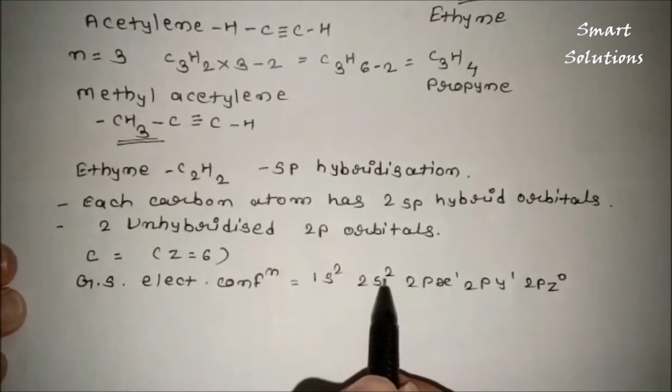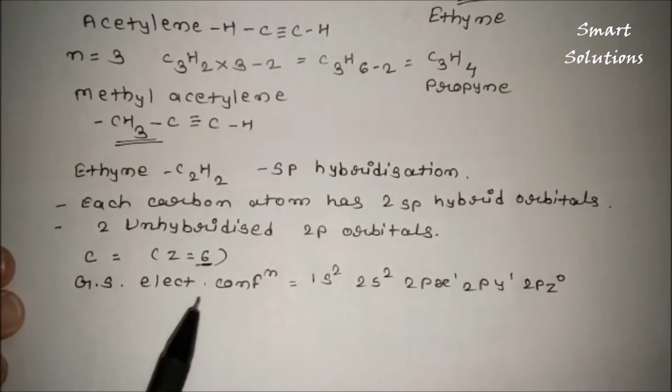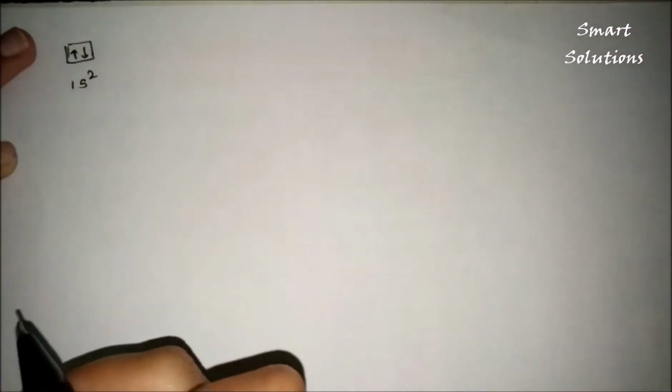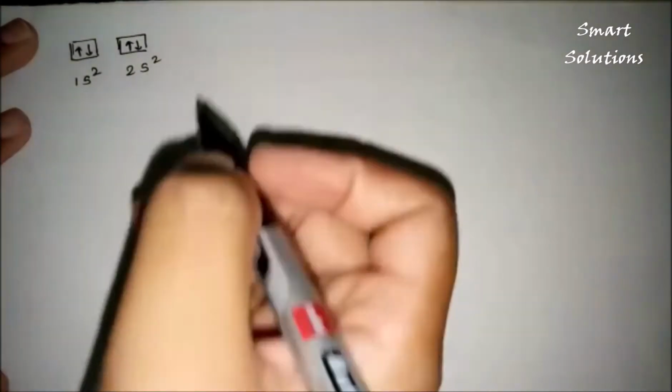In this configuration, the first orbital is 1s2 with 2 electrons, then 2s2 with 2 electrons, and the third is the p orbital: 2px, 2py and 2pz.